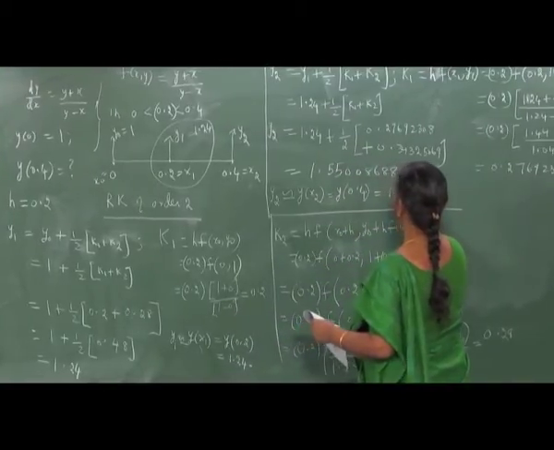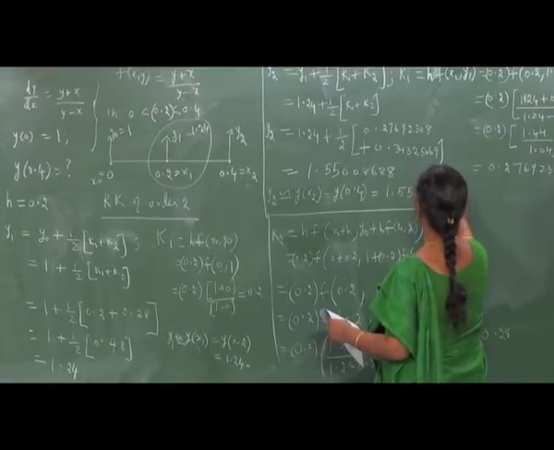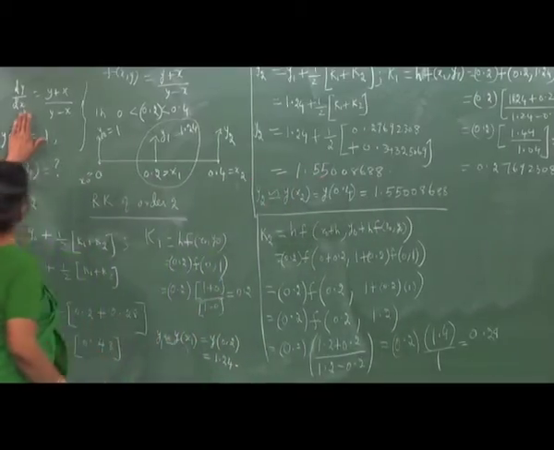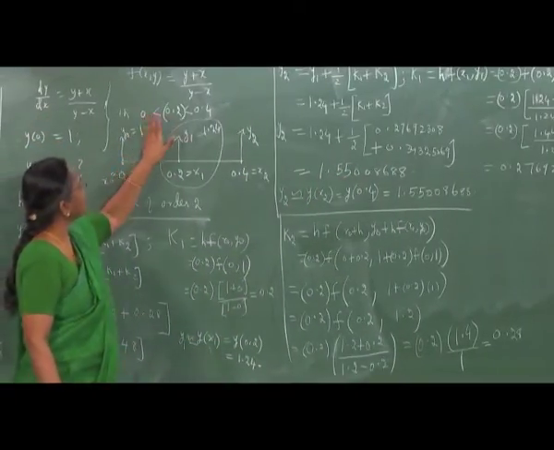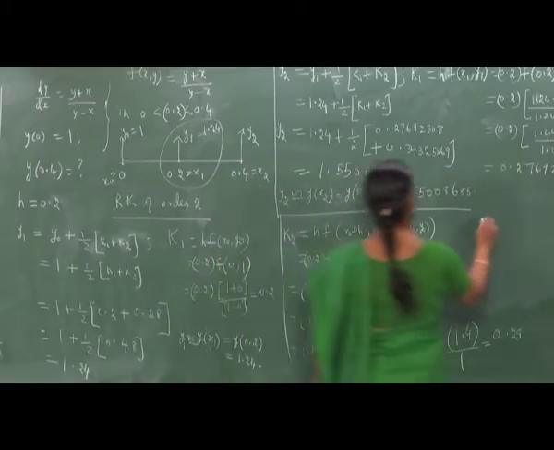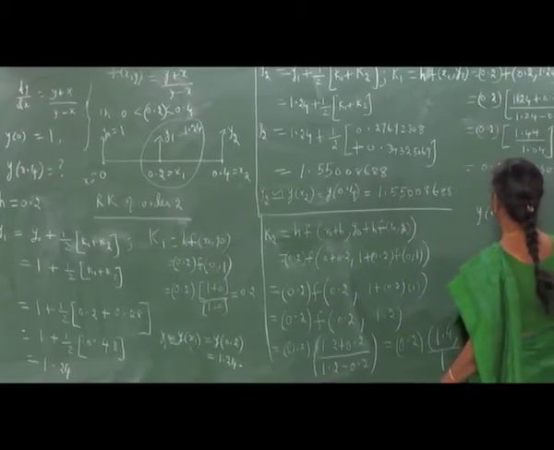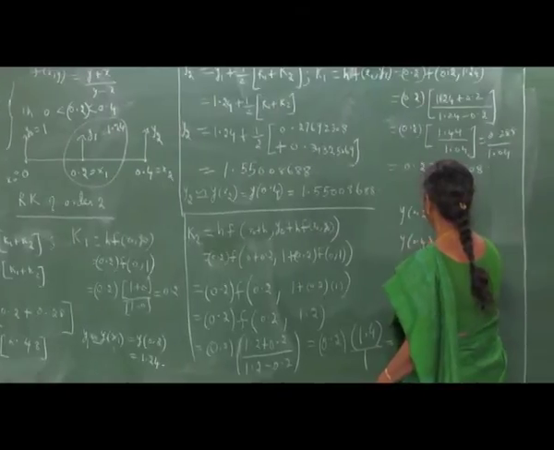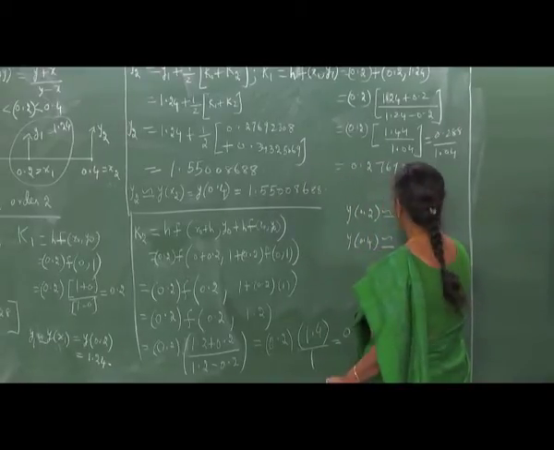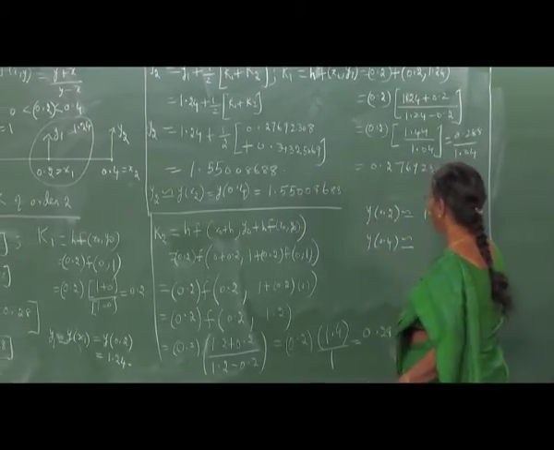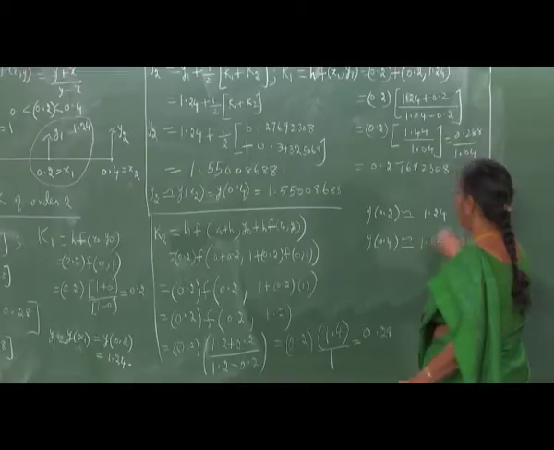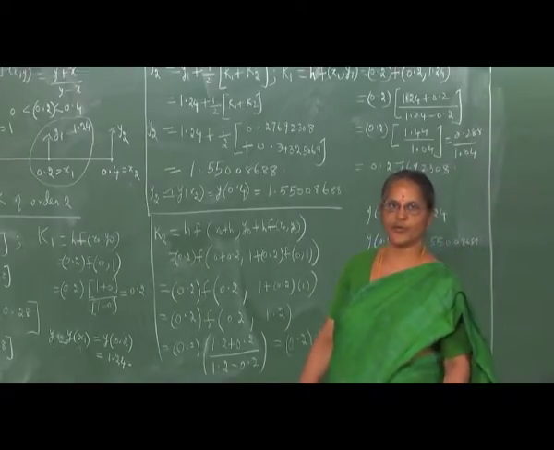And you are asked to solve this initial value problem in the interval 0 to 0.4 with step size 0.2. So, you are required to get the solution at 0.2 and at 0.4, and you have computed them, and so the final solution is 1.24, which is the value of y at 0.2, and 1.55008688, which is the value of y at 0.4.